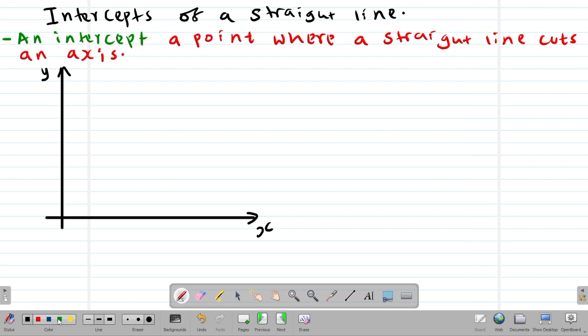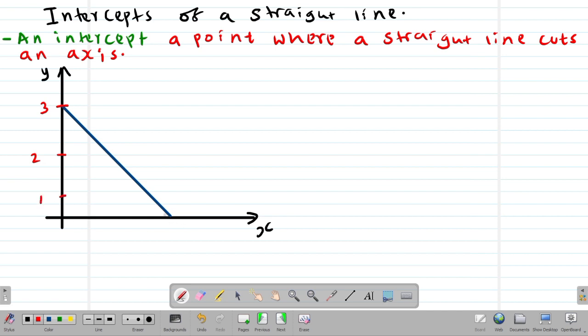Then we consider a straight line running from the y-axis towards the x-axis this way. If this particular line is cutting our vertical axis through the point, let's say, suppose this is point 3, then maybe this is 2, and then we have 1 here.